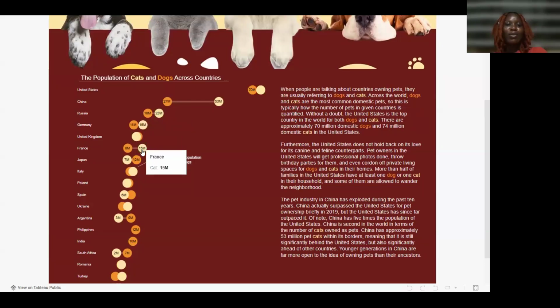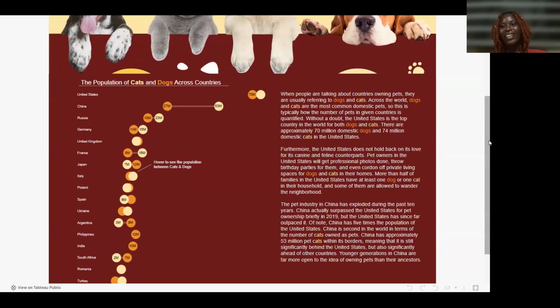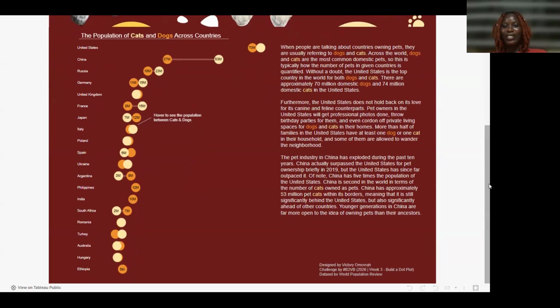So I think it's curious. Maybe I could go back and dig deeper to find out why the Asian continent tends to like dogs more than cats, while those in the United States and Europe, the majority of them tend to prefer cats over dogs. That's one thing that also sparked my interest.